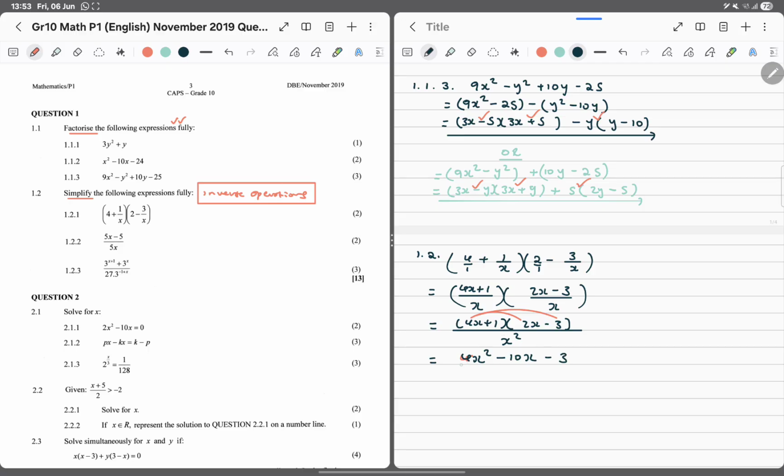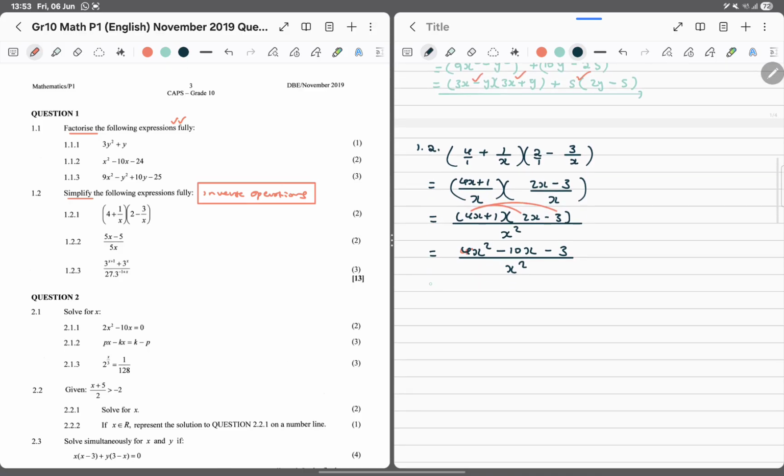This becomes minus 3, all divided by x squared. Now x squared can still be done something about. So this is 4x squared divided by x squared, minus 10x divided by x squared, minus 3 divided by x squared. Remember, that denominator divides each one of the numerator terms.